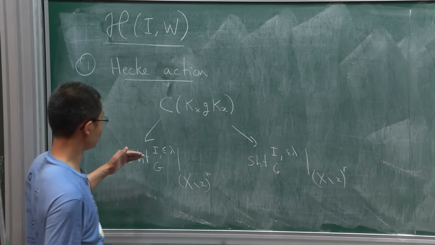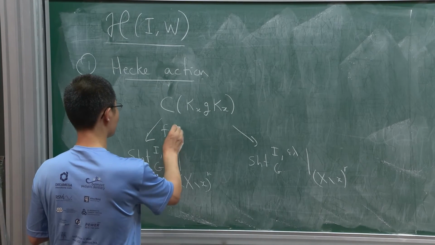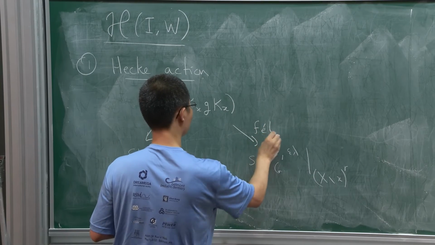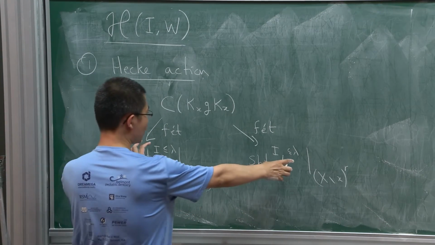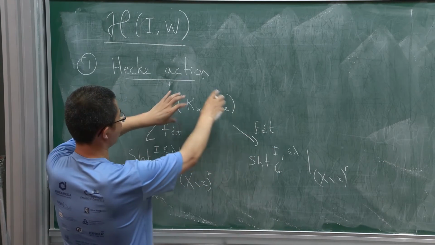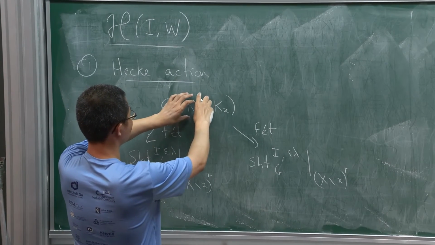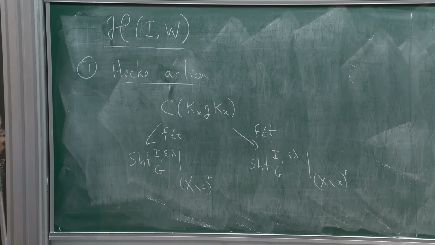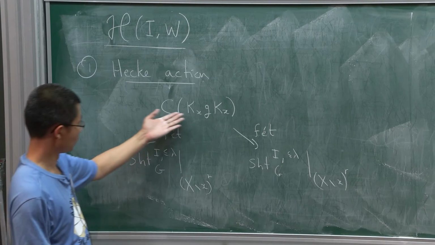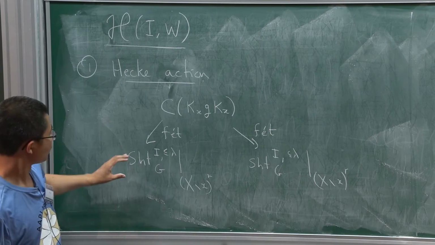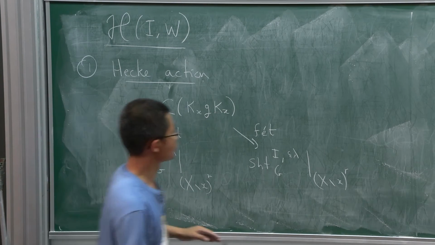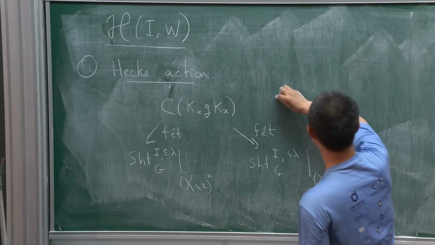These are both finite, and the 2 IC sheaves actually pull back. When you pull back to the correspondence, they are canonically isomorphic to the IC sheaf of this middle guy, because the maps are finite.